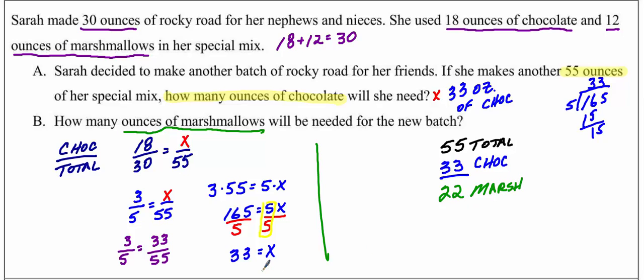And we could look back and say, well, if you've got 22 out of 55, that's 2/5. 2/5 marshmallows plus 3/5, which were chocolate, gives us 5/5, which is, again, a 1 whole. That's the full batch.